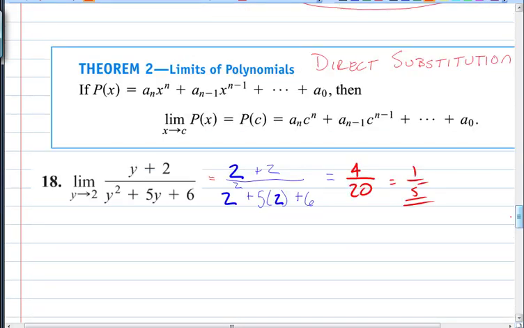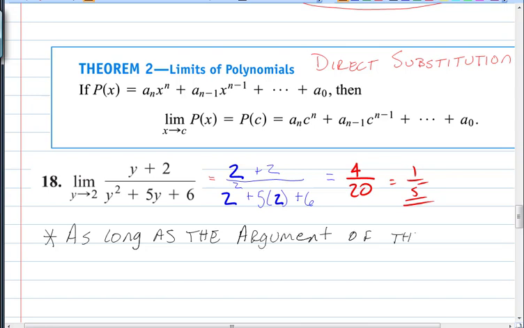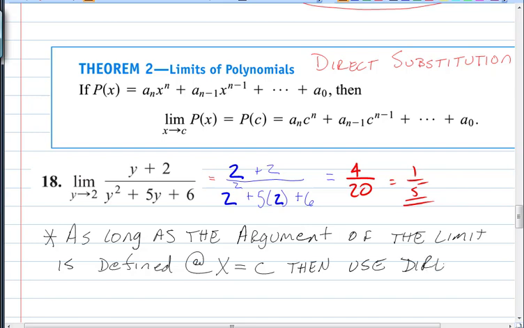Okay. Basically, you just plug in the limit. As long as the denominator is not undefined, as long as the function is defined, I'm going to call it the argument of the limit is defined at x equals c, or in this case y equals 2, then you can use direct substitution to evaluate the limits.